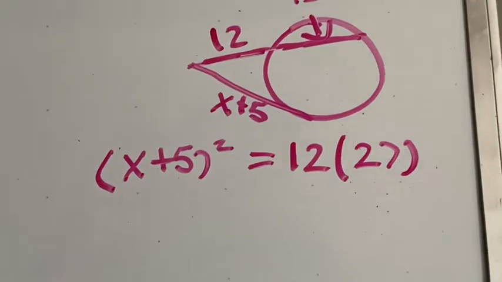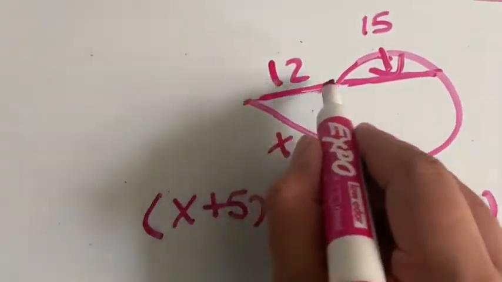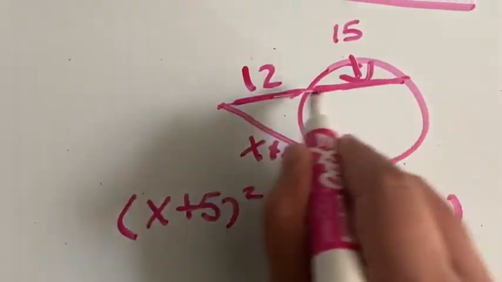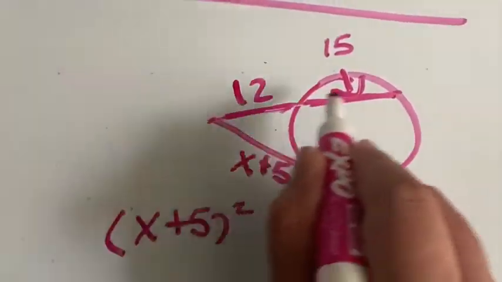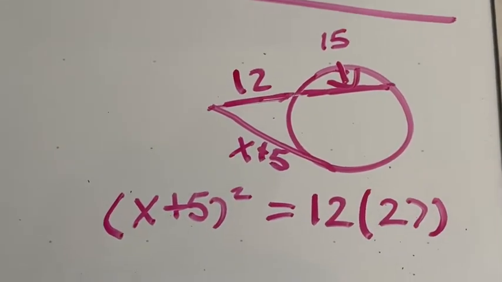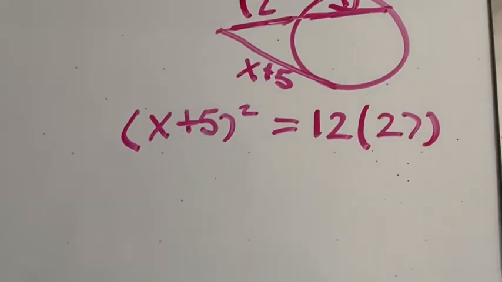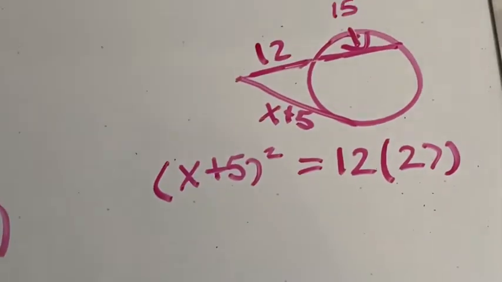And I'm going to multiply it to 27 because I want to multiply this 12 times this entire secant line. And this entire secant line is 12 plus 15, otherwise known as 27. So again, I'm going to bring in my calculator.